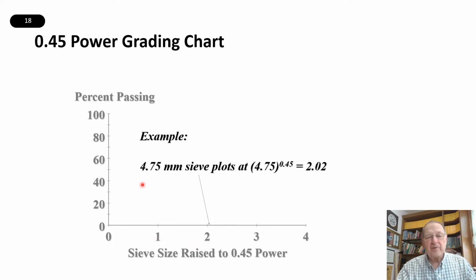So for example, the number 4 sieve, which is 4.75 millimeters, 4.75 millimeters raised to the 0.45 power gives a number 2.02. So if we make a vertical line here at 2.02 and label it number 4, and then not show this horizontal axis, then we get a gradation chart.